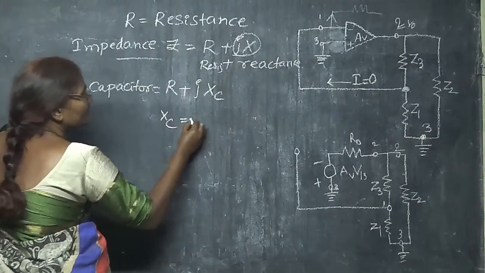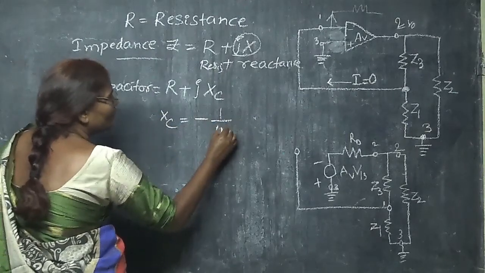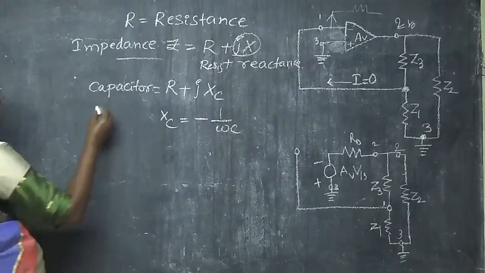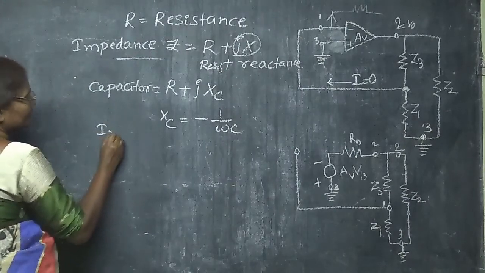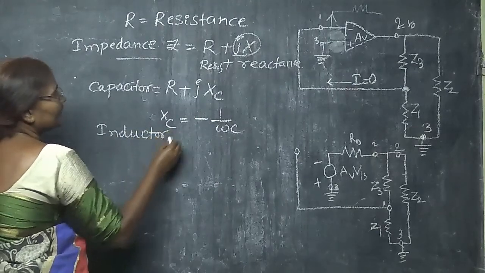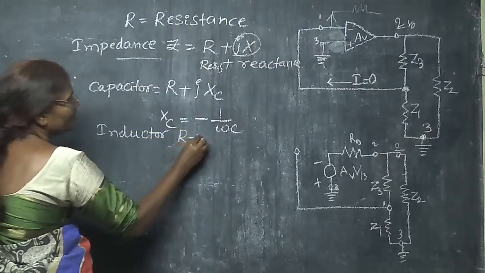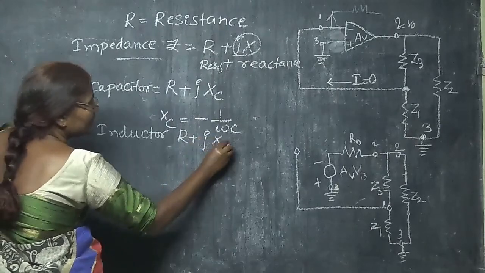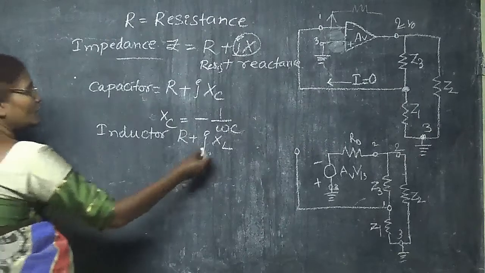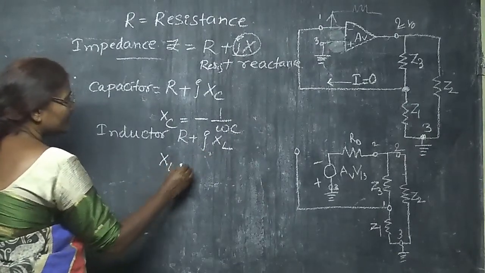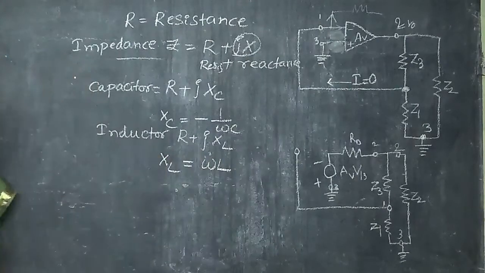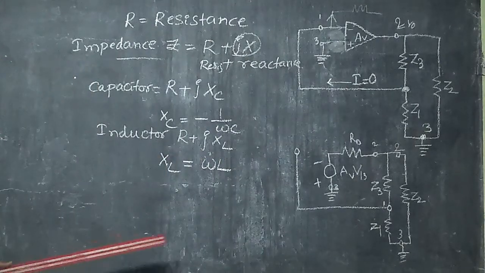Xc is going to be minus 1 by omega C. Next, if it is an inductor, then my impedance is going to be jXL. So what is my XL going to be? My XL is going to be omega L. You just remember these points.